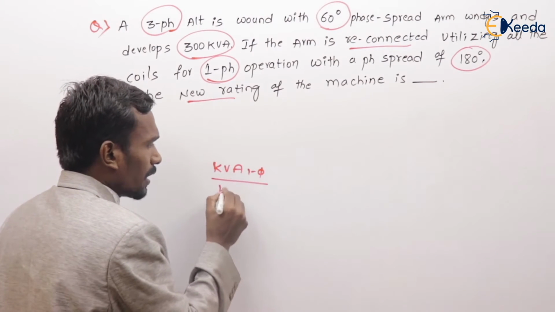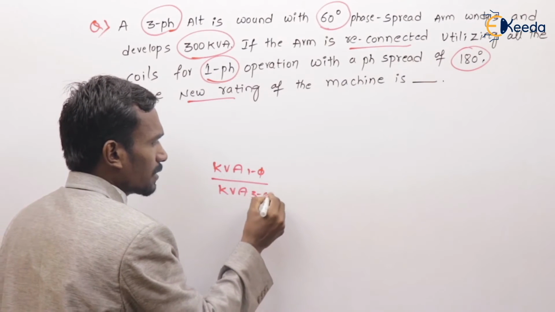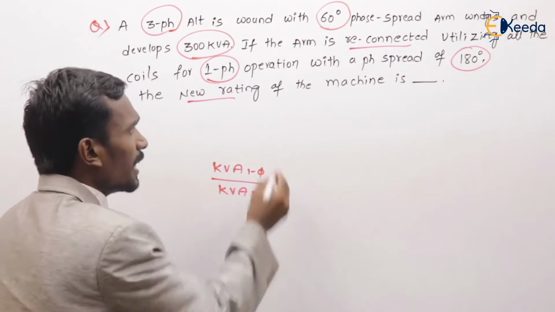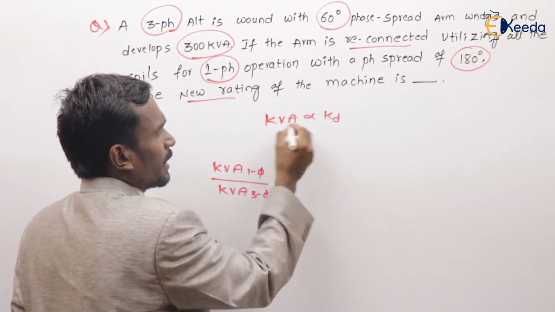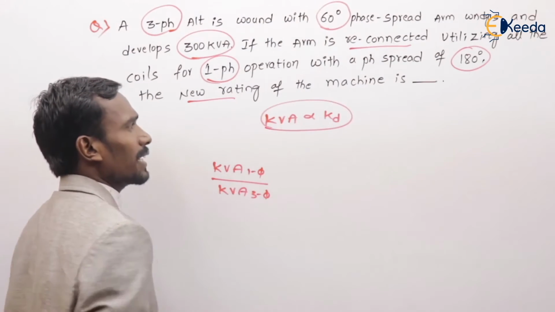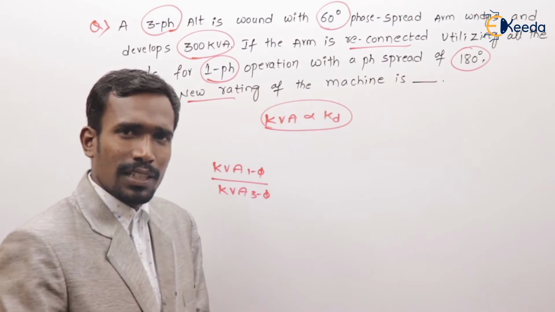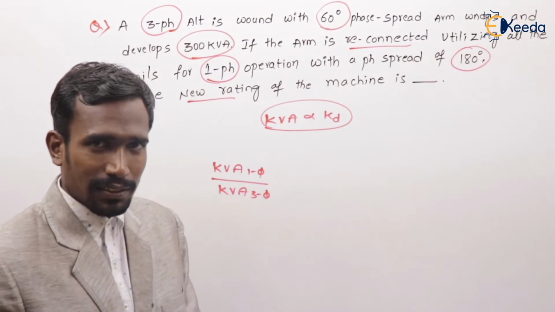We know the kVA for three phase. Generally, the kVA is directly proportional to KD, the distribution factor.